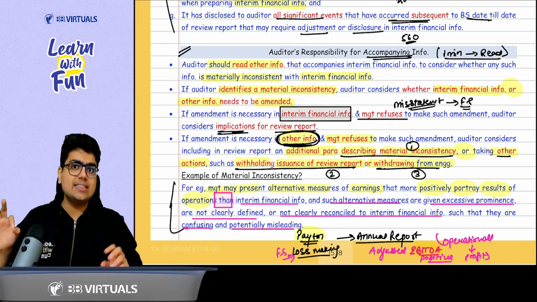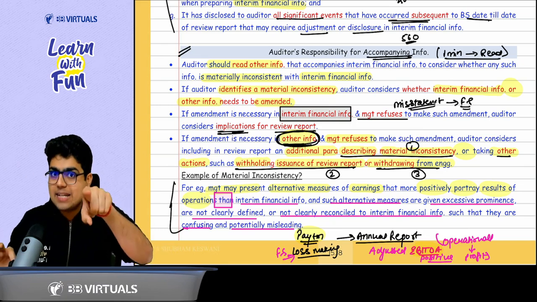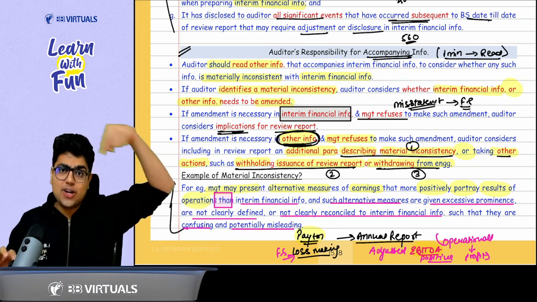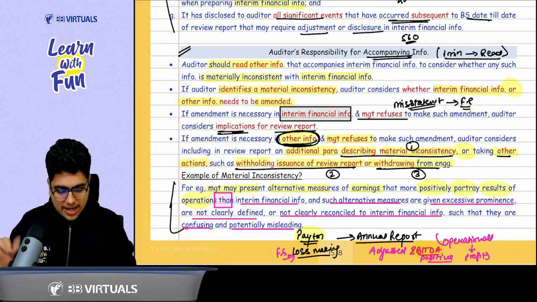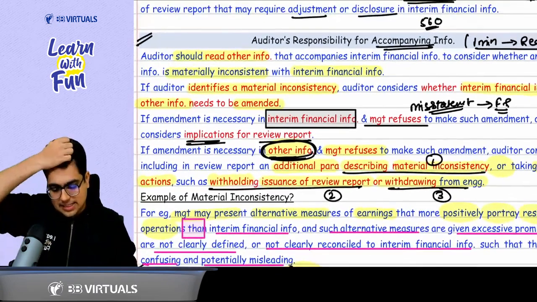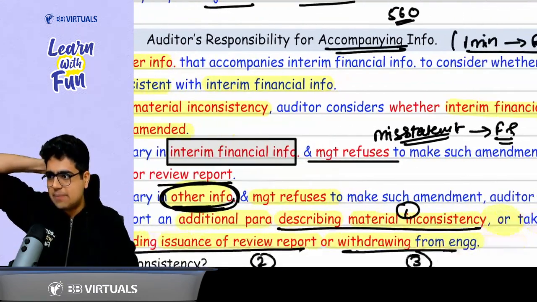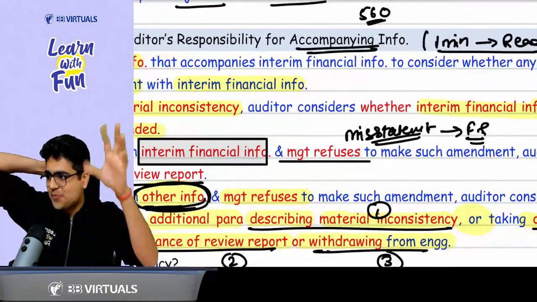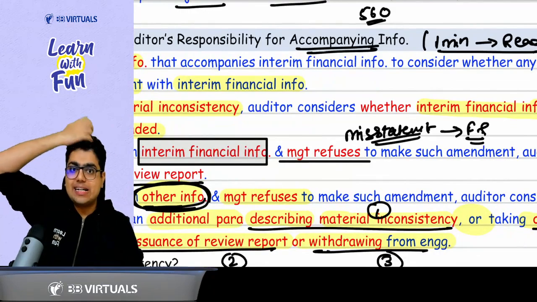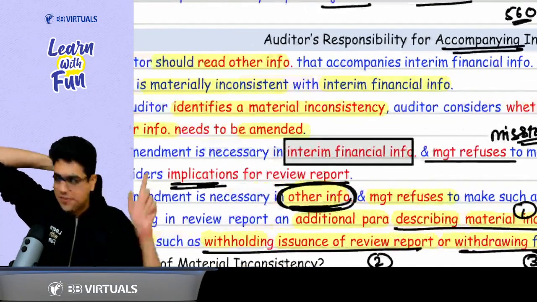If there is a material inconsistency, that means a material misstatement can be in the financial statement or in the annual report. If the material misstatement is in the financial statement and the amendment is necessary, but the management says no, we are not going to do the amendment, modify your review report.